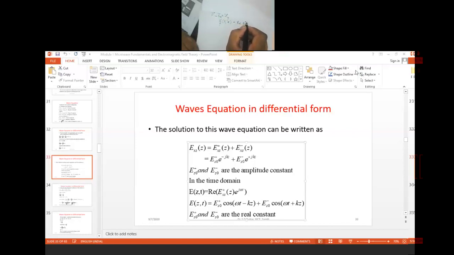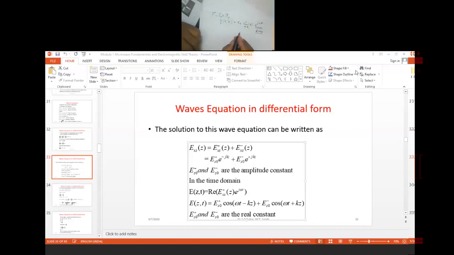This plus sign: we always consider that the wave is propagating in a positive direction or forward direction. That's why the plus sign is written, and Ex means the field component in the x direction, and S is a representation of a harmonic field. It means it has a field component of omega, because we are writing S here, and then we are writing e raised to j omega t, when we write in terms of the time domain.